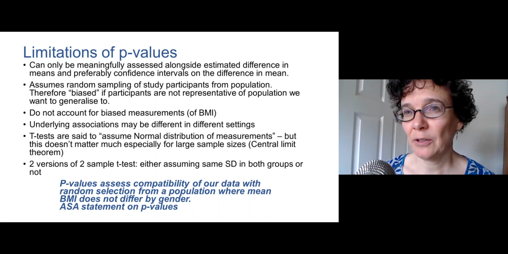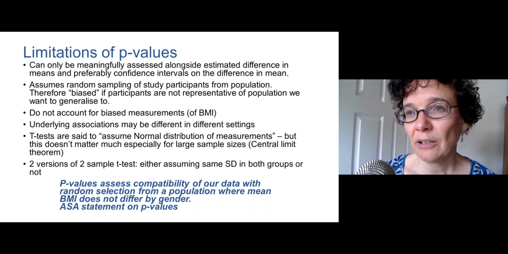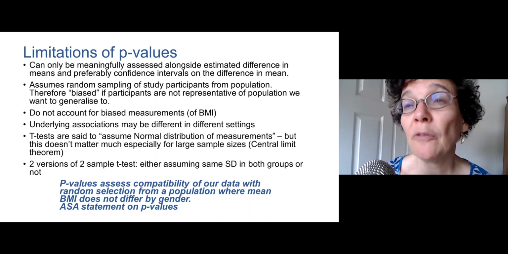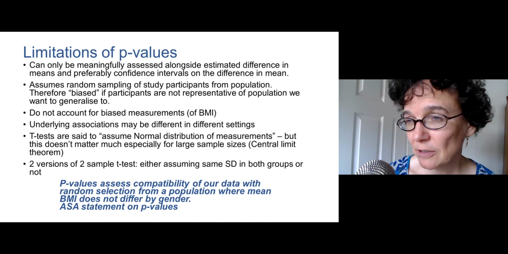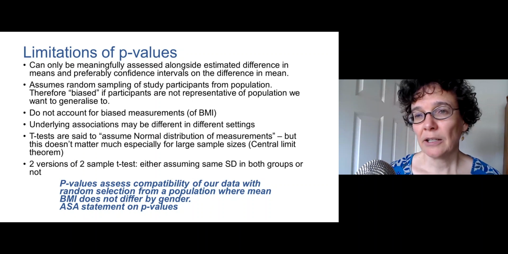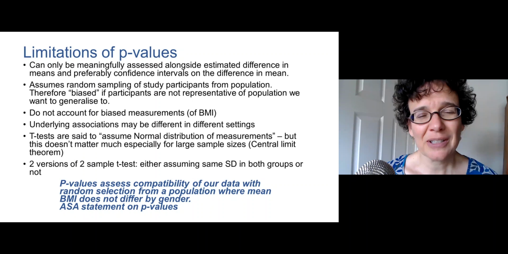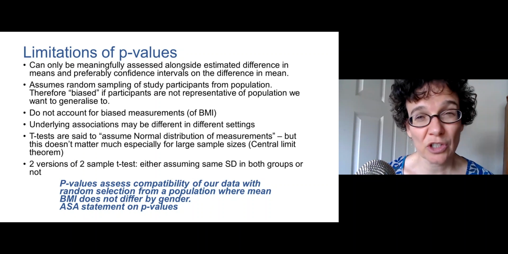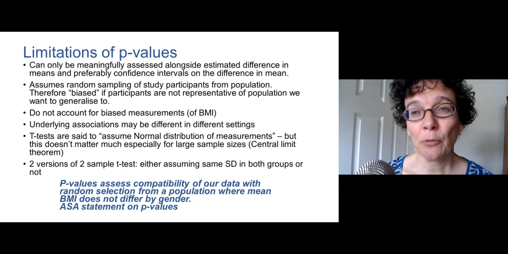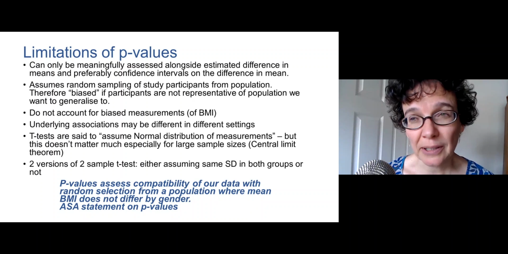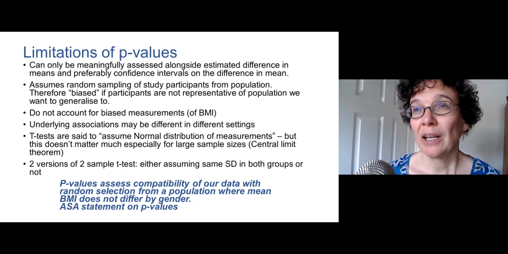Limitations of p-values: they're only meaningful when assessed alongside differences in means and preferably confidence intervals on those differences. They assume random sampling of study participants from populations, so in some senses they're biased if participants are not representative of the population we want to generalise to. It's very rare that you get true random sampling from a population.